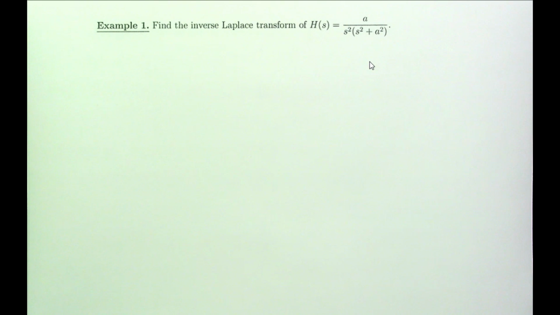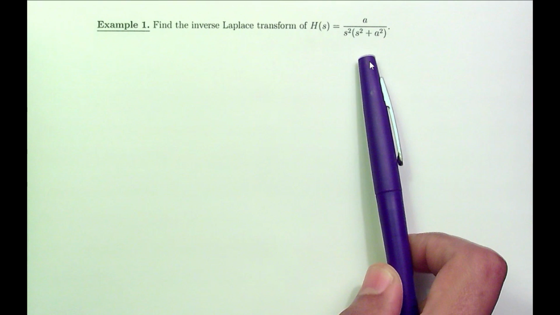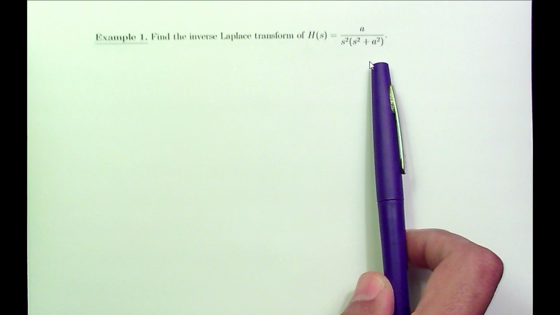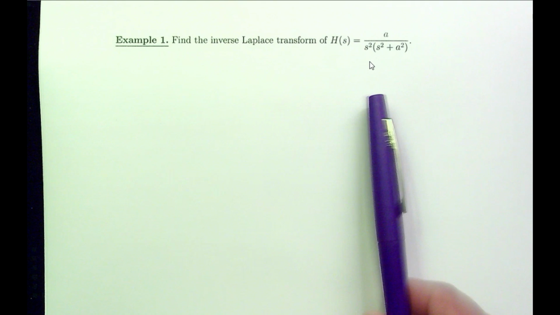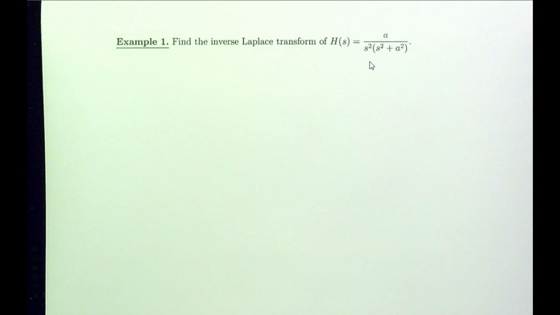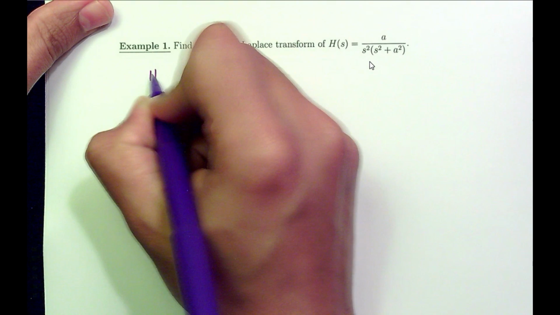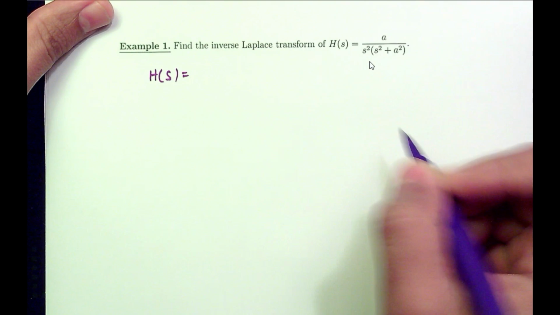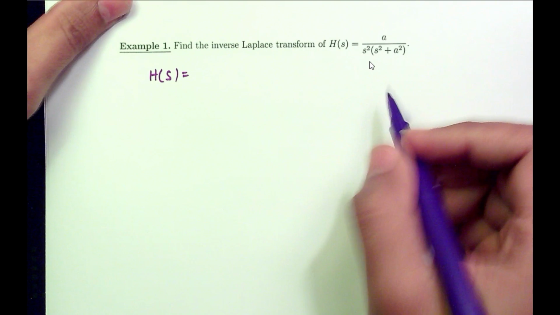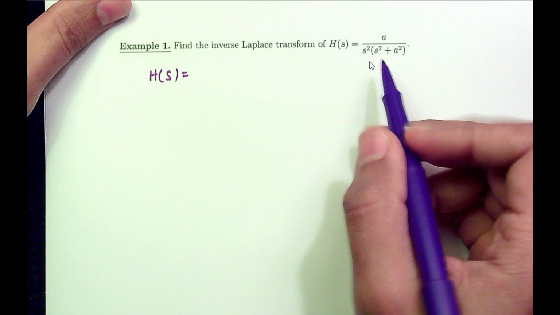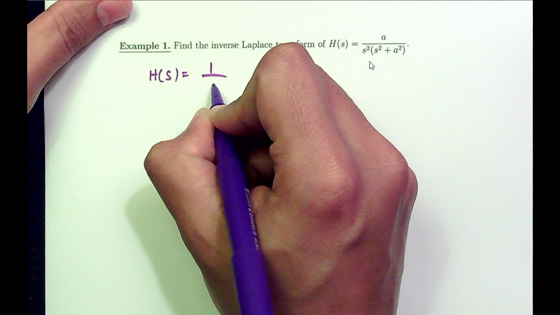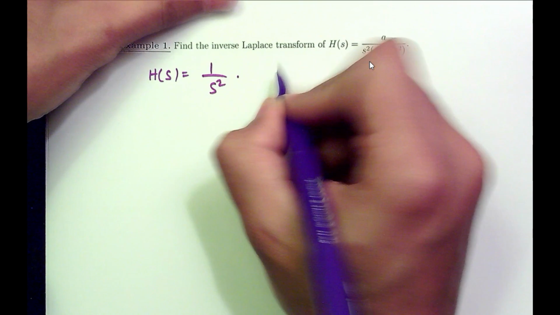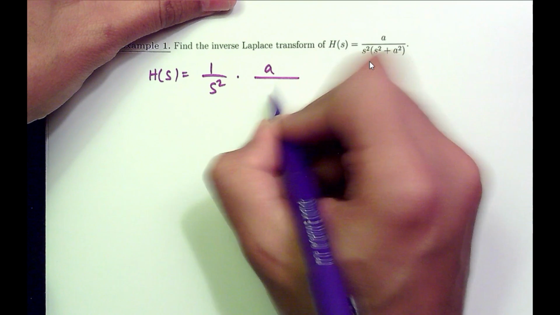Now, the idea is, of course, this is not on the table of Laplace inverses that we have. However, the strategy is, even though that is not in the table of Laplace transforms, we can rewrite this and split it up a little bit and write it as a product of two things, each of which is in the table.